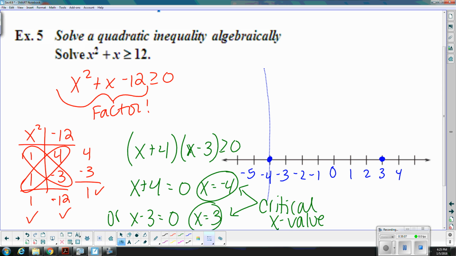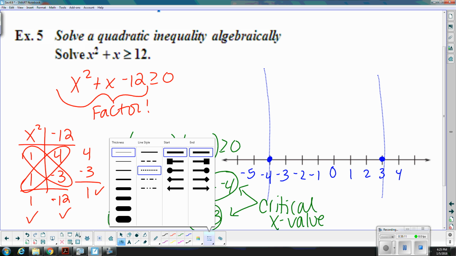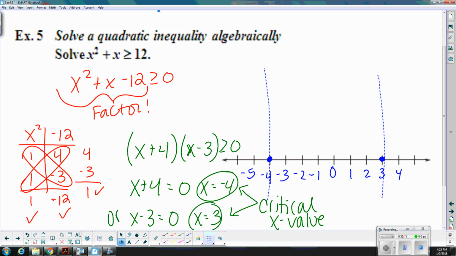So here's section 1, section 2, section 3. Those two critical x values divide your number line into 3 sections. So I'm going to pick any one number in each section to see whether or not it's a solution.